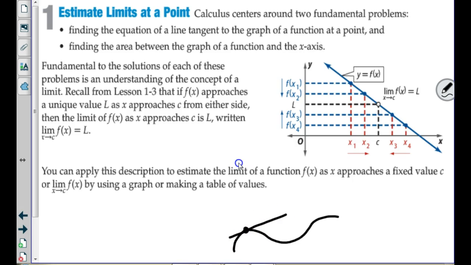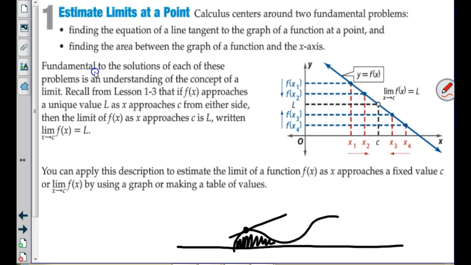So the very first unit we did, finding the equation of a line through a point, back in August, is going to be important. Finding the area between the graph of a function and the x-axis. So if this was the x-axis and you wanted to know what the area was underneath this curve, that's something you will learn next year as well.